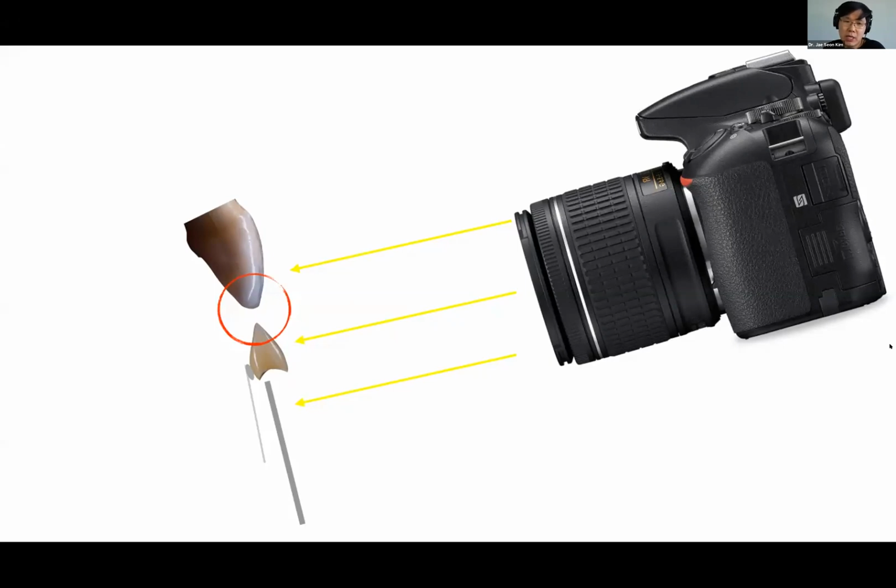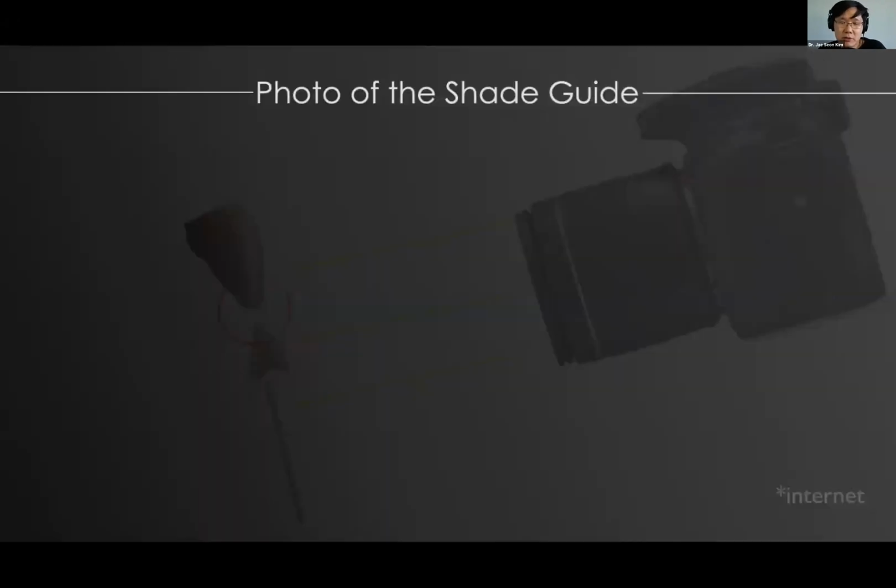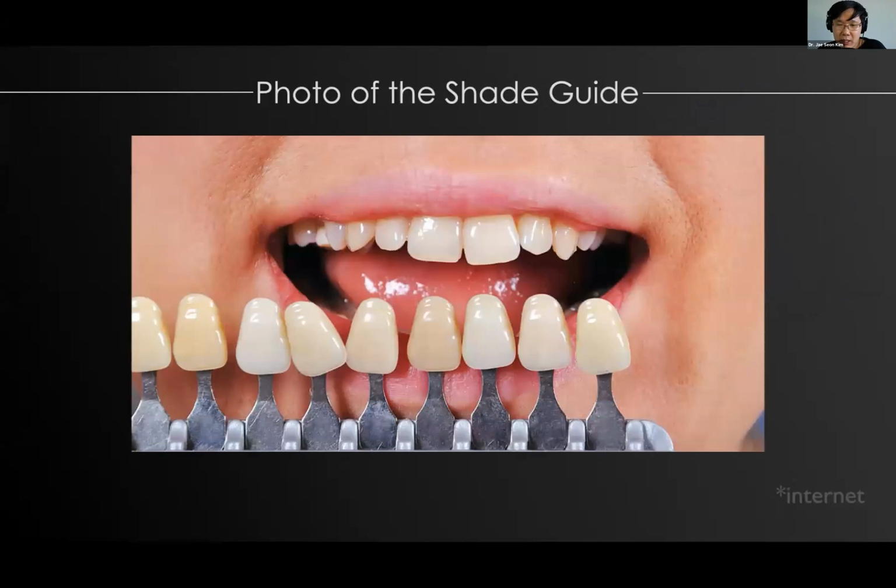One of the reasons was, if you butt the shade guide against the tooth, and the patient has a very translucent incisal edge, the shade guide is going to impact the characterization of the incisal edge. So he always said, please leave a space, don't touch the tooth with your shade guide. That's the protocol I've been using. Make sure nothing touches. This is just another picture from the internet I got.